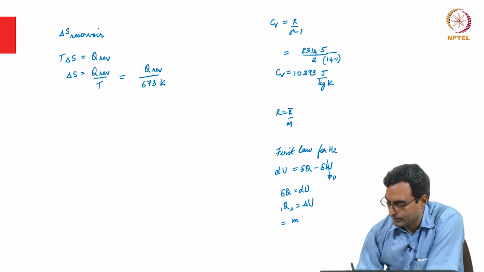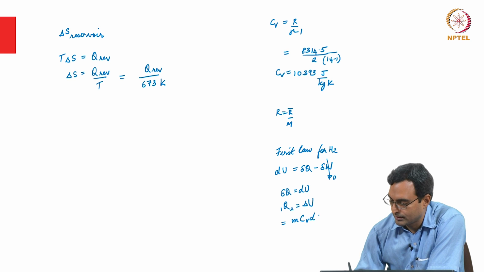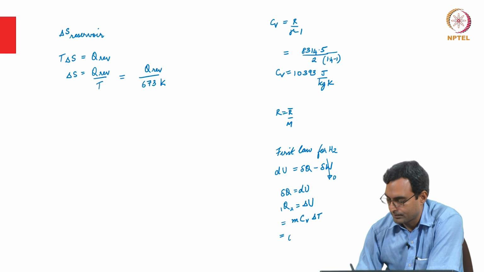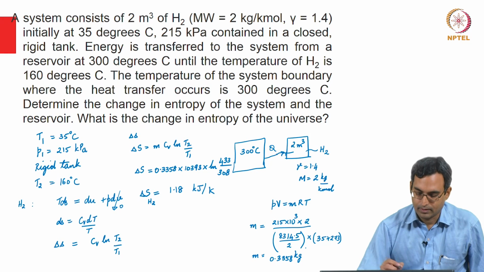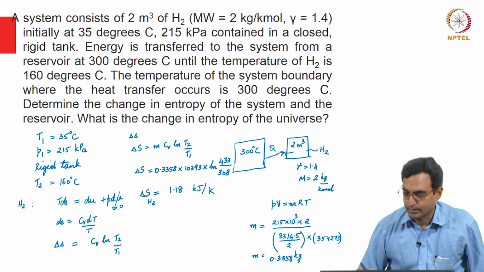and that is for an ideal gas mCv into delta T. So, I have 0.33 kg into Cv is 10.393, we just found that, into delta T, which for the hydrogen is 160 minus 35.